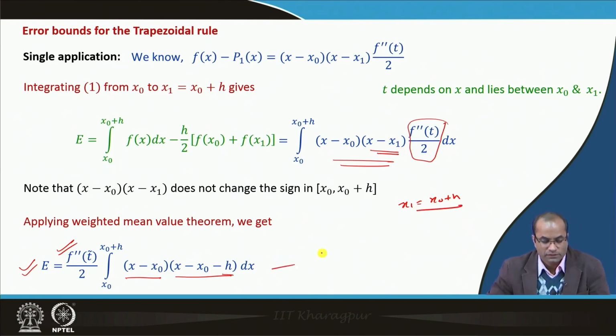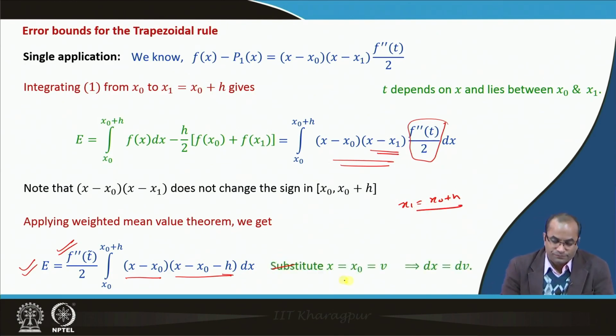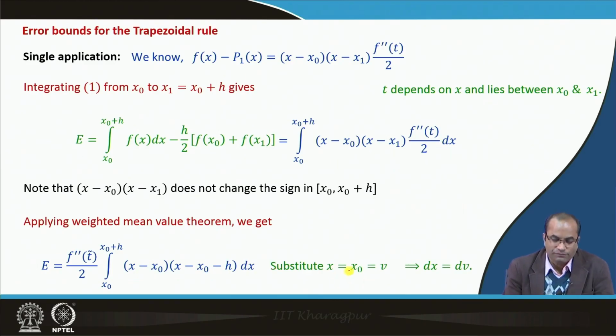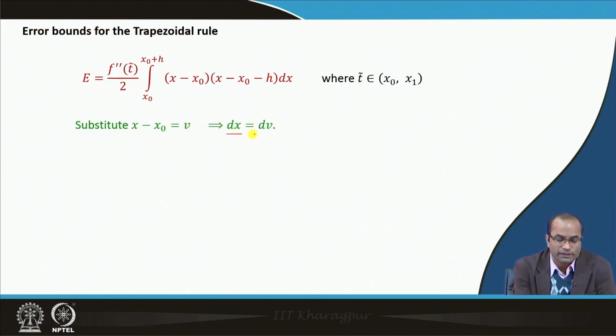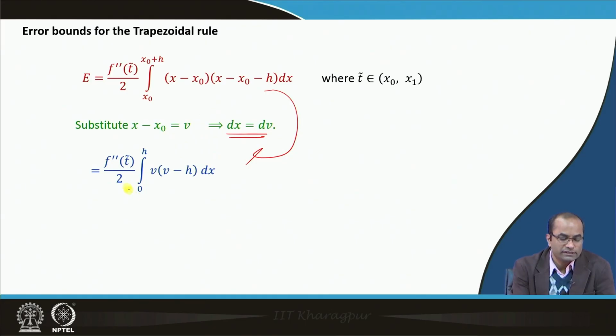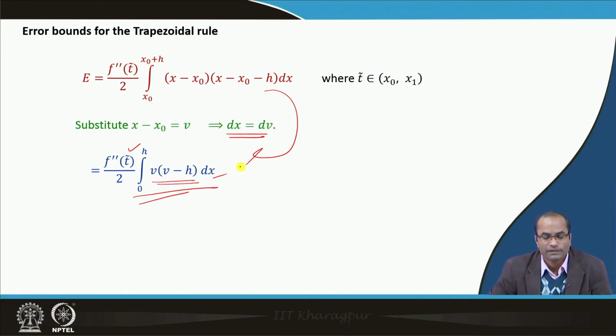So, having this, we can now simplify by substituting x minus x naught as v, that means dx is dv. So, by doing so we will simplify this to the expression f double prime t tilde divided by 2 and this integral 0 to h, v times v minus h, dv.